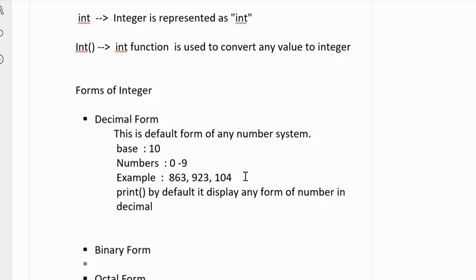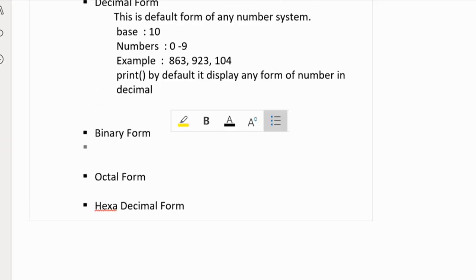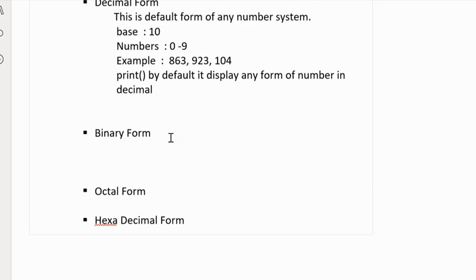Now let's talk about the binary form. You must have heard about the binary form many times. The binary form is a numbering system in which we use 0 or 1 to represent anything.